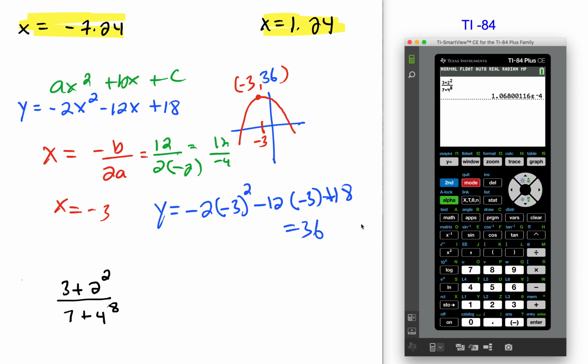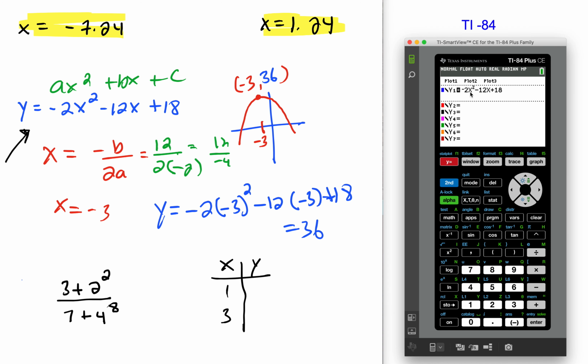Okay, if you want to look at a table of values, if you have an equation like this, and you got to plug in some points, let's say you want to plug in 1, you want to plug in 3. We already have this equation typed in here and already graphed it.